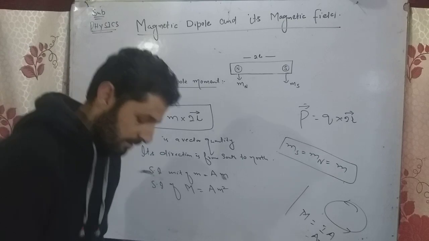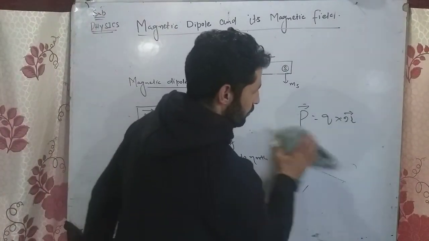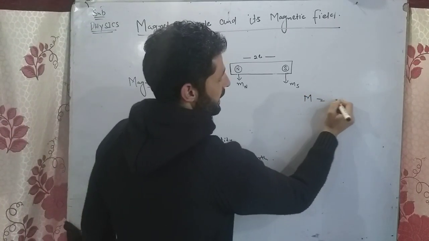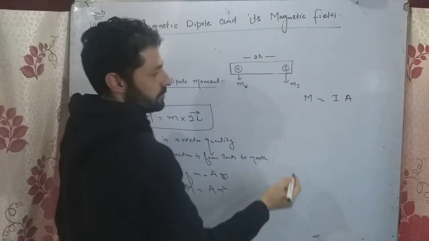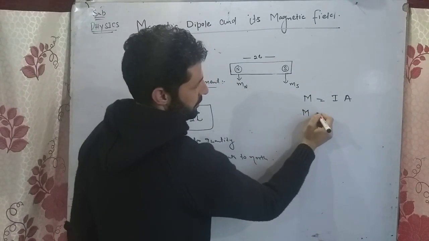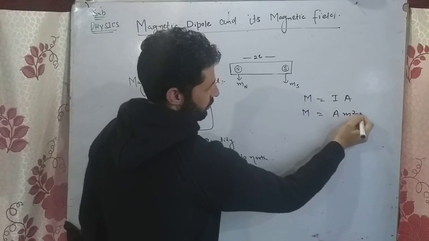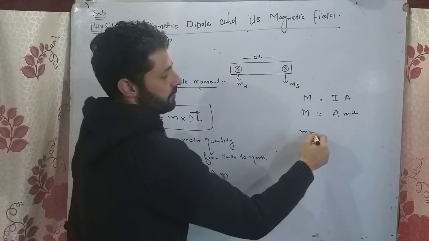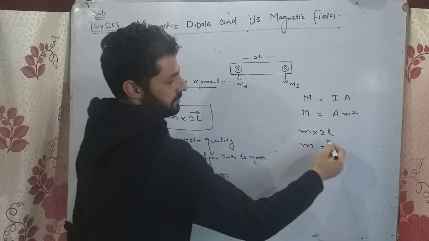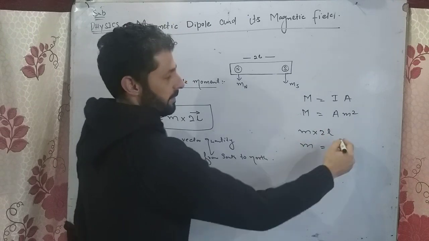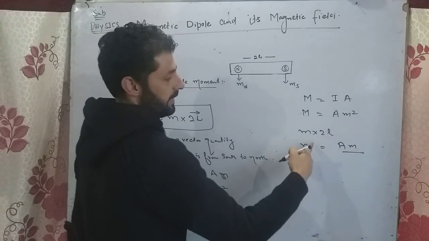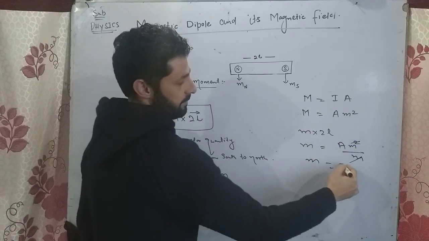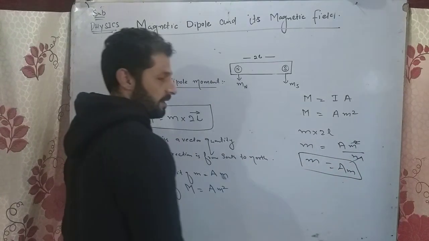किसी को डाउट हो तो वो क्लियर करें. यहाँ पर देखो, M is equal to I into a, करंट लूप में I into a. So M का यूनिट, I एम्पियर हुआ, और a एरिया मीटर स्क्वायर, तो एम्पियर मीटर स्क्वायर. अब ये जो M है, it is m into 2l. यूनिट देखना, एम्पियर मीटर स्क्वायर divide by l, which is meter, तो m का हुआ एम्पियर मीटर. तो इसको जूल पर टेस्ला भी कहते हैं.